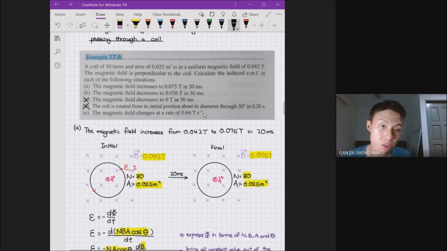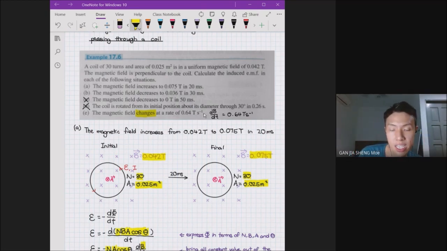So right now they tell you that dB/dt is equal to 0.64 Tesla per second. But again, you see the keyword: they use changes. They are not saying that it's increasing at the rate of 0.64 Tesla per second. They are not saying it's decreasing at the rate of 0.64 Tesla per second.